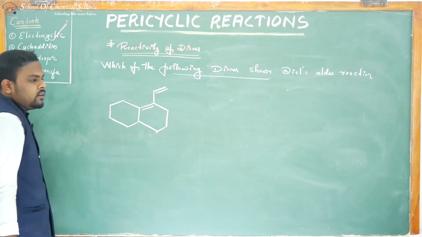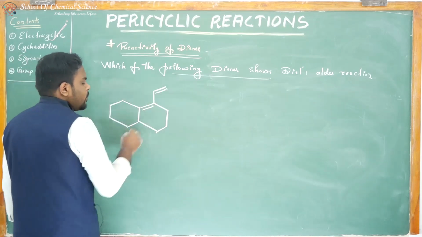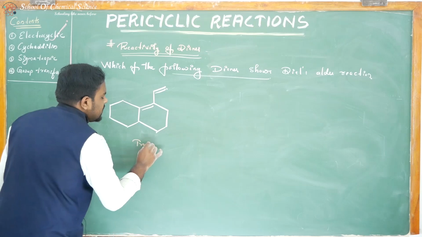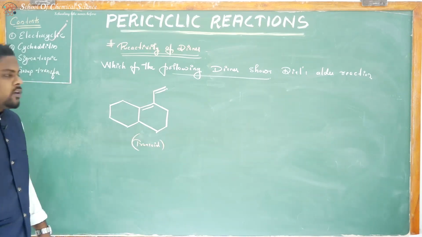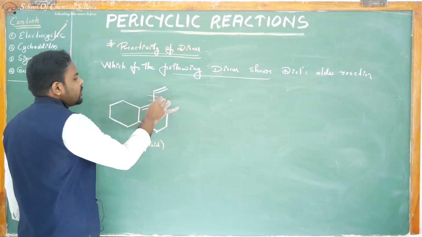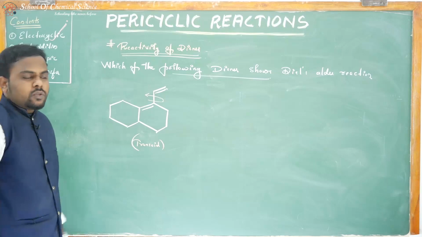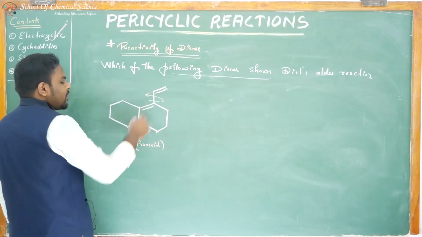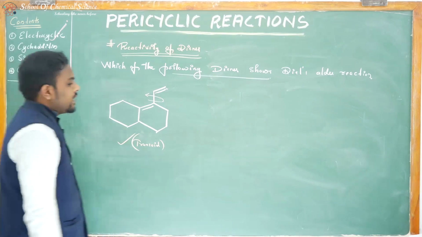Okay, the next question. What about this one? Whether it is in cissoid form or transoid form. The two double bonds are on opposite sides, so this is in transoid form. But don't worry, here rotation is possible. So it can be converted into cissoid form due to the carbon-carbon rotation. So this compound also shows Diels-Alder reaction.